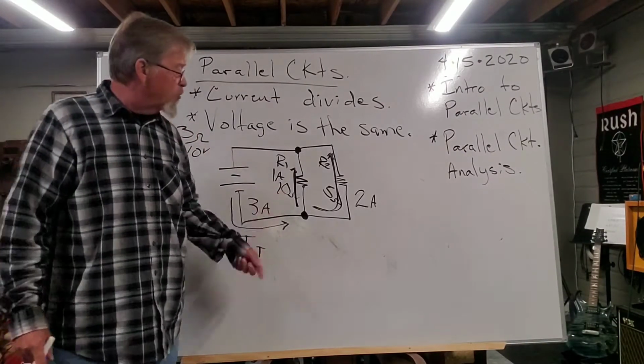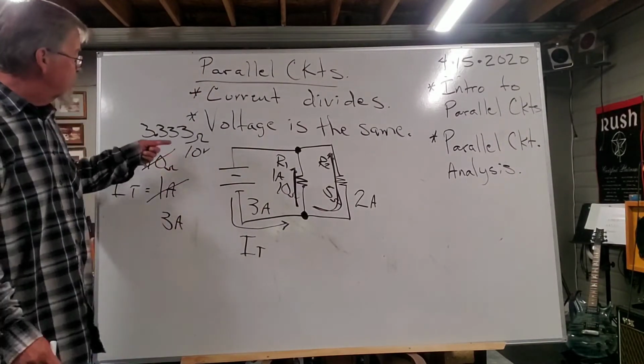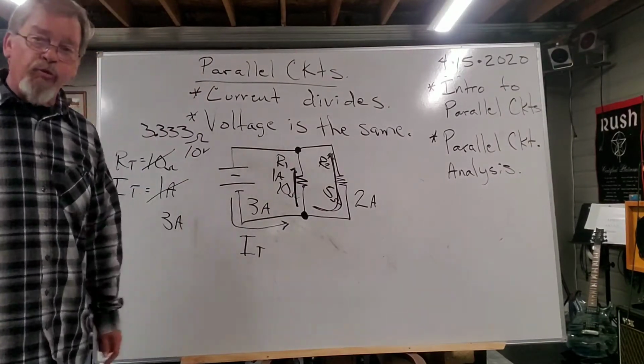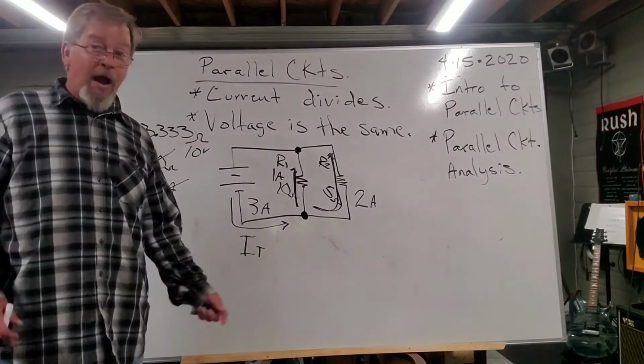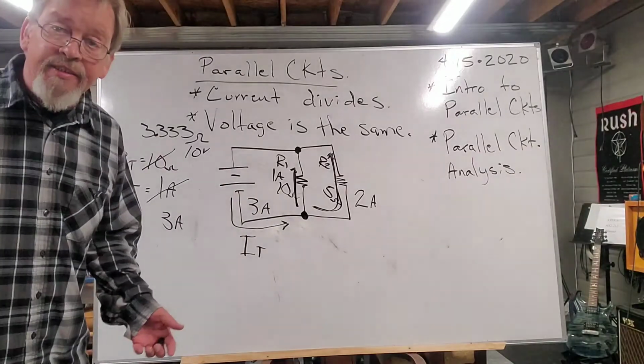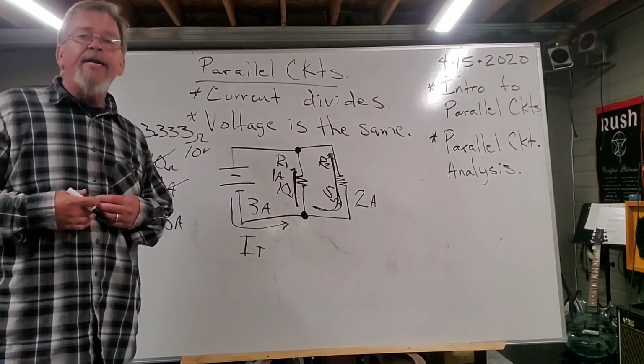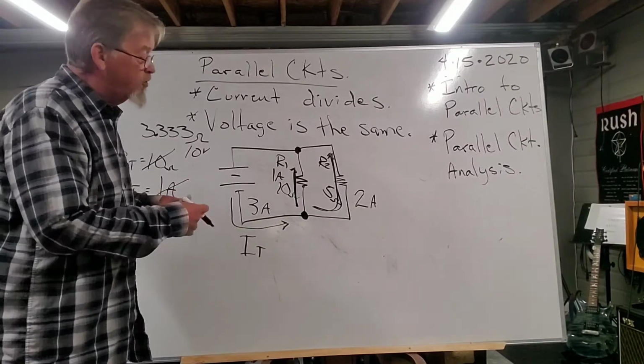With a 10 ohm resistor and a 5 ohm resistor, now my total resistance is only 3.333 ohms. Well, how is that possible? Well, I'm not adding resistance. I'm adding conductance. I'm adding conductance in this circuit.